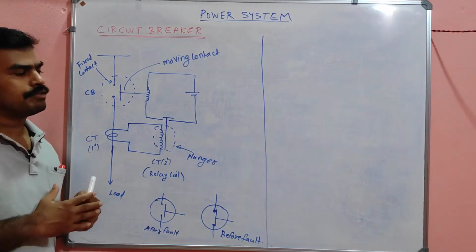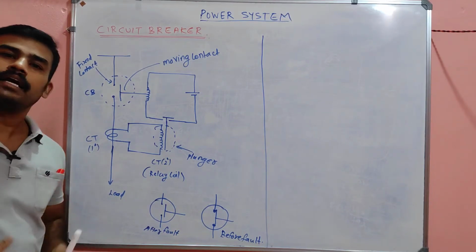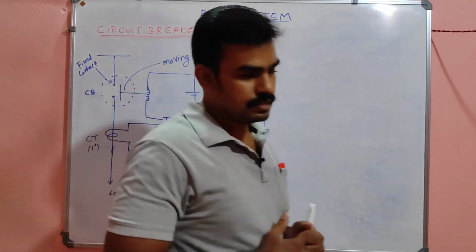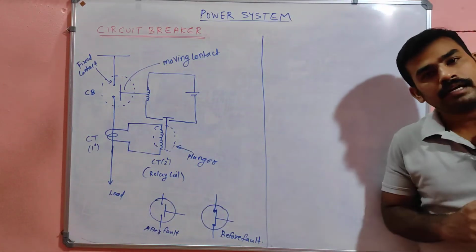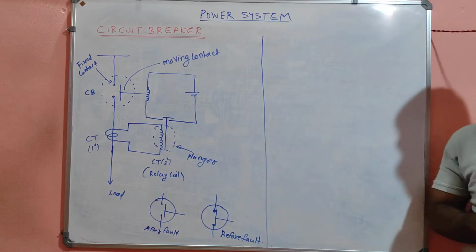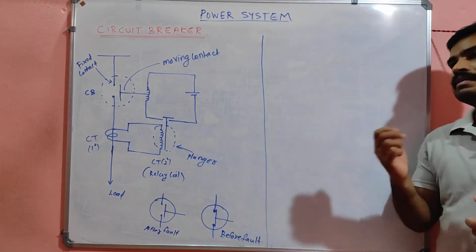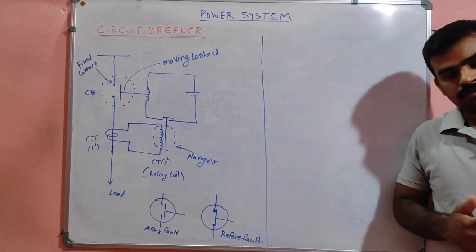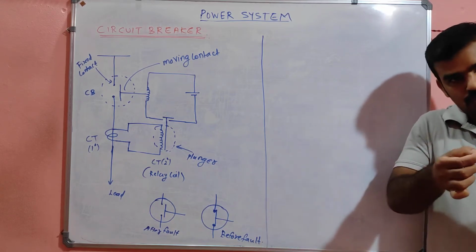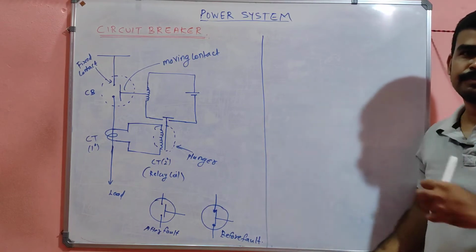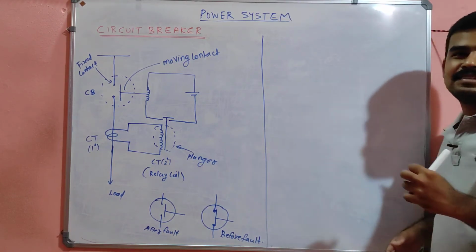And what is the difference between a circuit breaker and a fuse? The answer is very simple. In a fuse, my dears, the making and breaking of the circuit is done manually. That means once a fuse wire is blown, we have to manually rewire it and fix it in the circuit. Then only we can make the circuit.